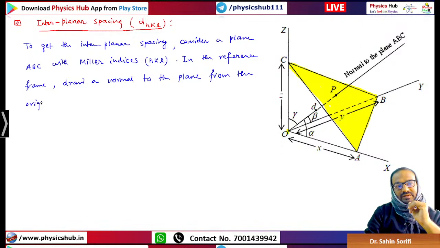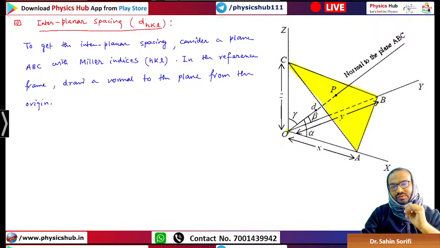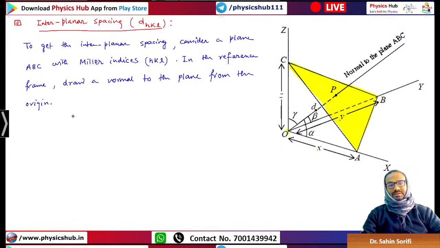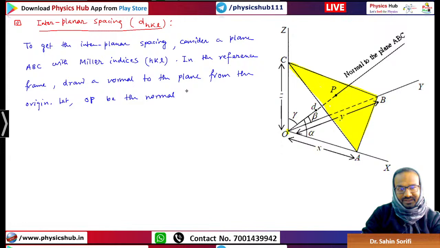And as you can see, it has exactly been done here. From O to P, you can see this is the normal to the plane. So let's say OP be the normal. Let OP be the normal to the plane ABC.